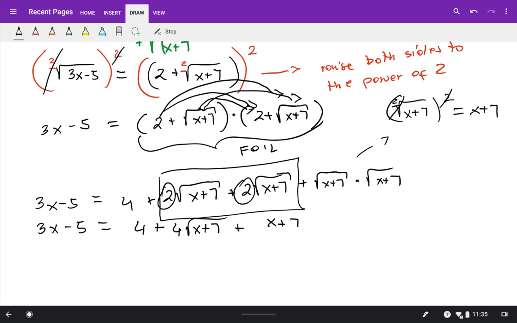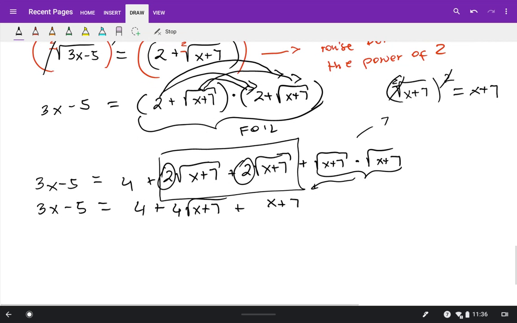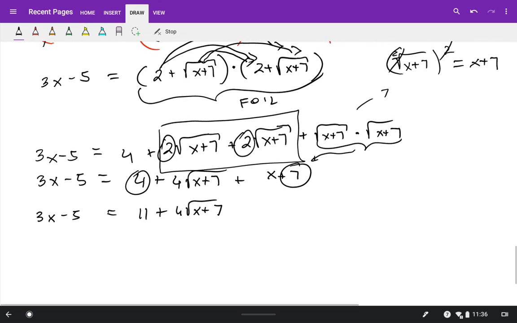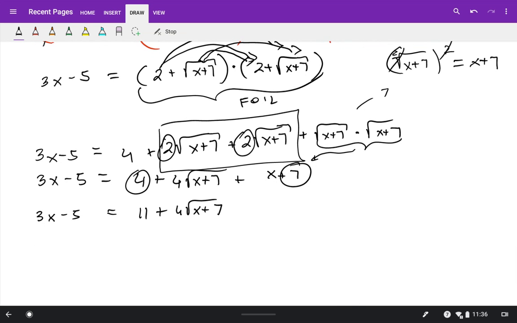Okay, so from here, again, that will just give you x plus 7. And now I'm going to simplify the right side. So we have 4 plus 7, that's 11, plus 4 square roots of x plus 7. And on the left side, you have 3x minus 5. Okay, so next, we still have a radical.